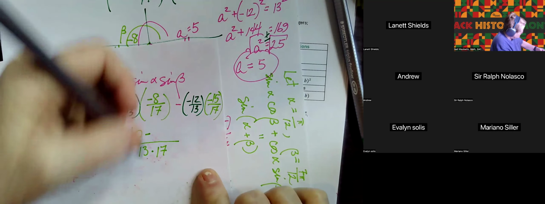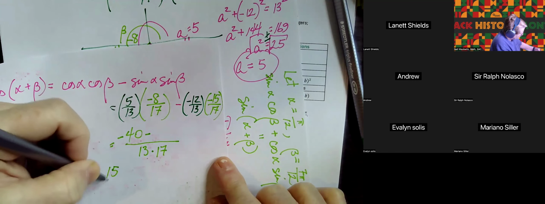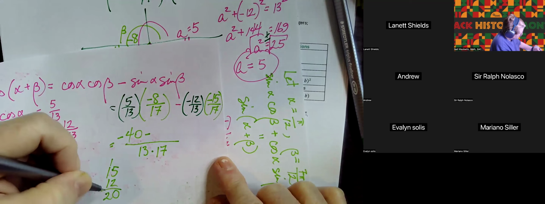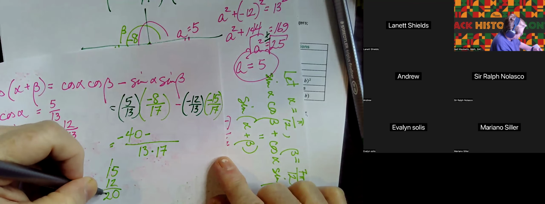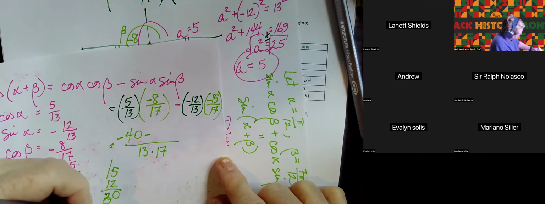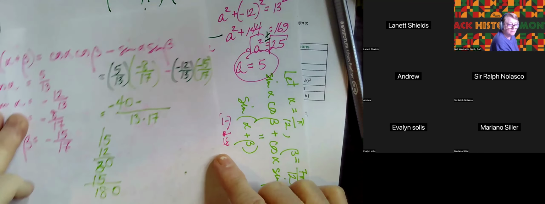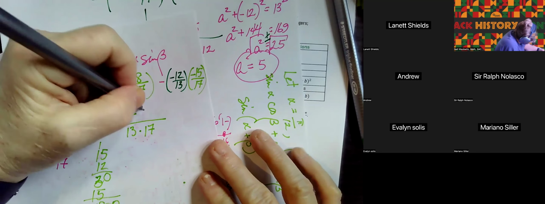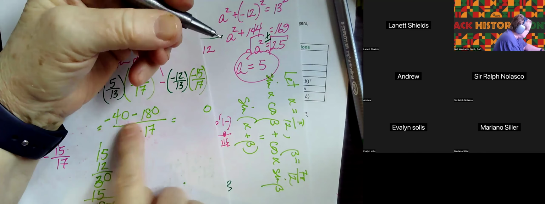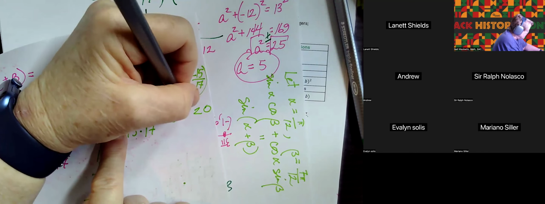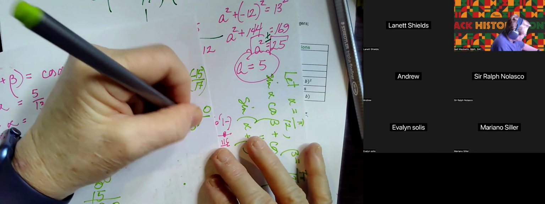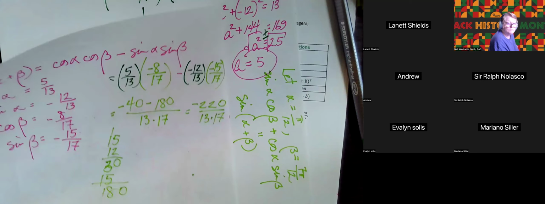And 12 times 15 is 180. So it looks like the numerator is -220, and the denominator is 13 times 17.